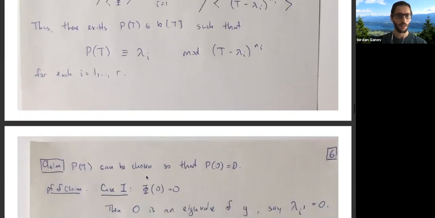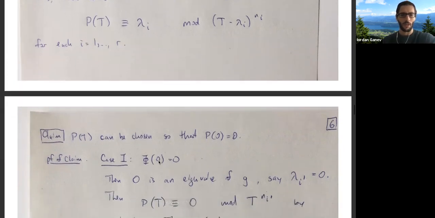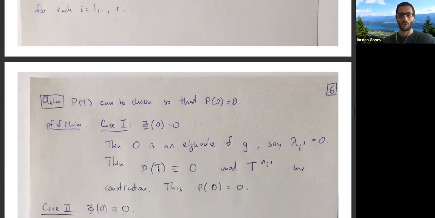So this p of t that we've chosen, we can change it so that p of 0 is equal to 0. So why can we do this? Well, this is not an important part of the argument, but if the characteristic polynomial evaluated to 0 at 0, then that means that 0 is a root of the characteristic polynomial, which means 0 is an eigenvalue of g.